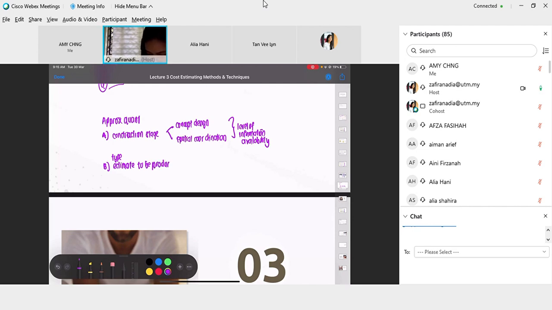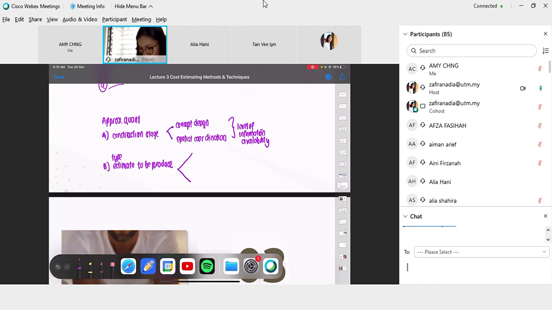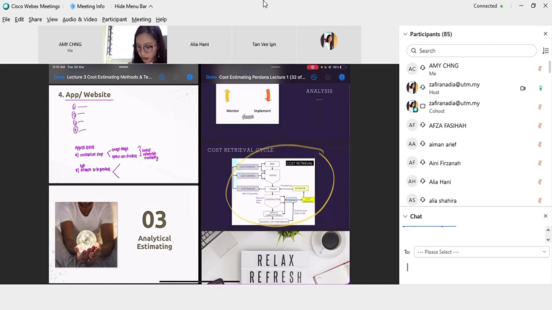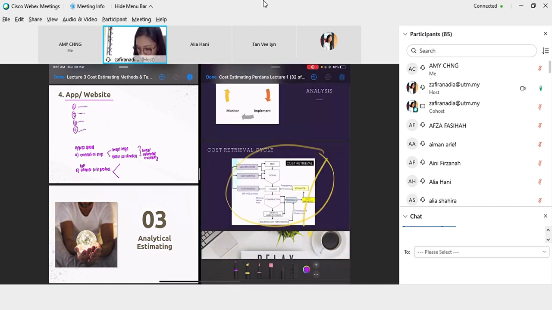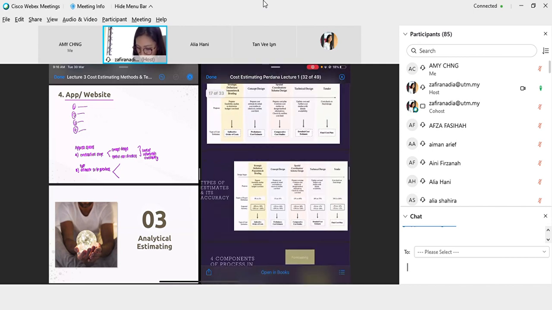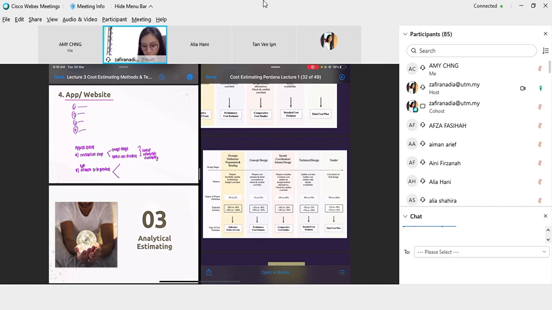So what is the type of estimates to be produced? If you use approximate quant in concept design and spatial, what type of estimate document will you produce for your client? Can you refer to the previous lecture? PDA, that is the cost data. What is the type of cost estimates to be produced in concept design?